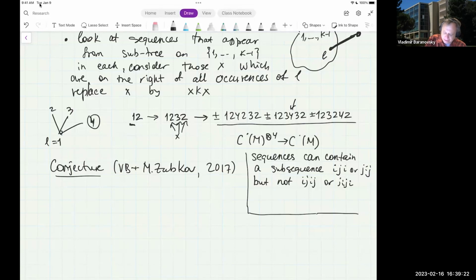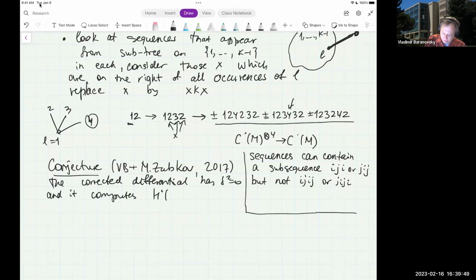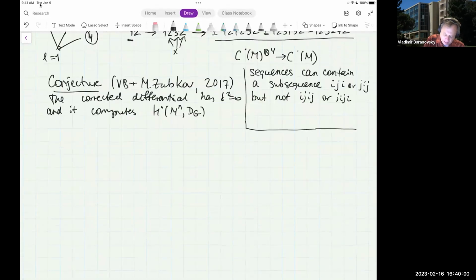So the conjecture is that with these specific operations that correct the differential, the corrected differential satisfies, of course, delta squared equal to 0, and it computes relative cohomology of Mn and dg, which is also homology of the configuration space that I was mentioning.